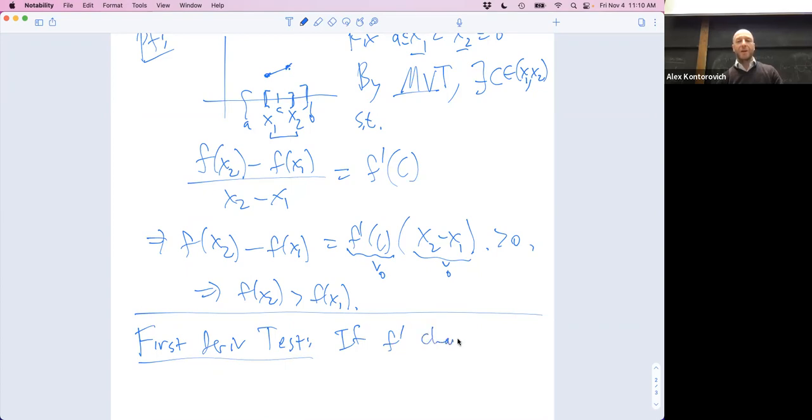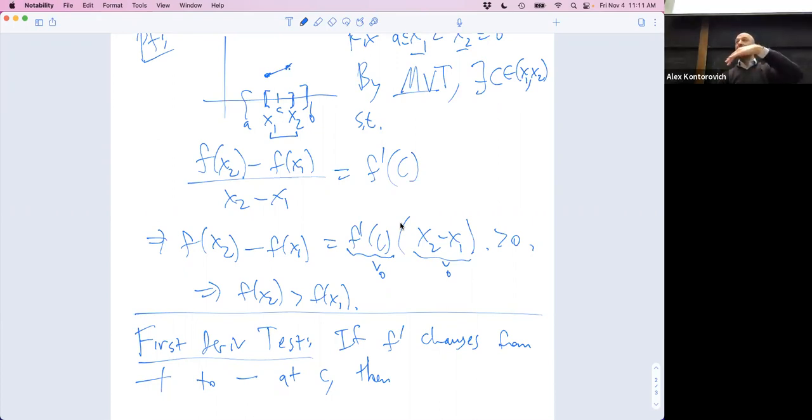If f prime changes from being positive to being negative at a point C, then what has happened at C? The derivative was positive, so we were always increasing until we got to C. Then at C the derivative is now negative, so we're always decreasing. Of course, there's the same theorem with greater than replaced by less than 0 and increasing replaced by decreasing. So C must have been a maximum.